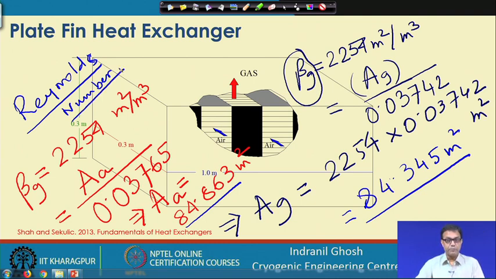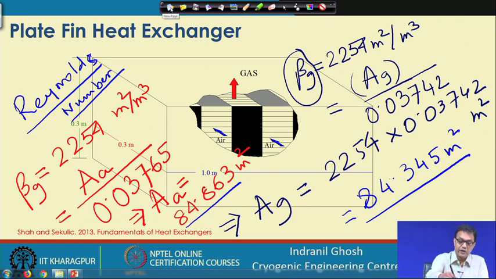We have been told about the volumetric flow rate, and we have now been able to calculate the heat transfer surface area. Now, we need to calculate the free flow area, and we will estimate it on the basis of the information given related to the hydraulic diameter.